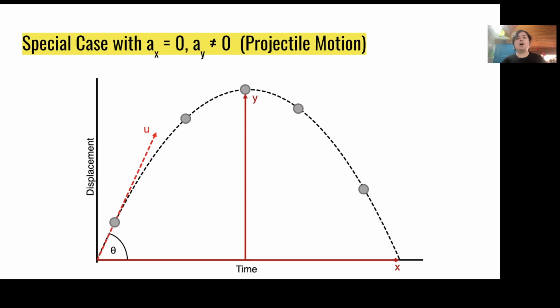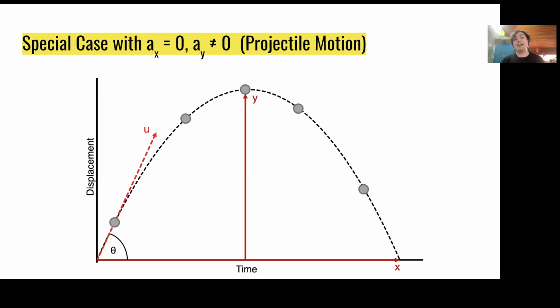Now, one very well-known special case, which is extremely similar to the freefall case that I talked about before, is the case of projectile motion. In projectile motion, you have acceleration only along one of the two axes of motion, typically the y direction, the vertical direction. If you were to ignore what's happening in the horizontal direction, the object would just go exactly like free fall, dropping it, and it would accelerate due to constant acceleration due to gravity.